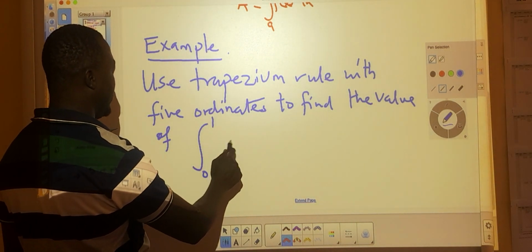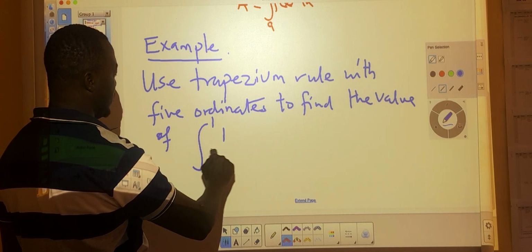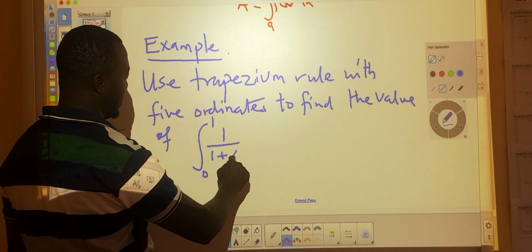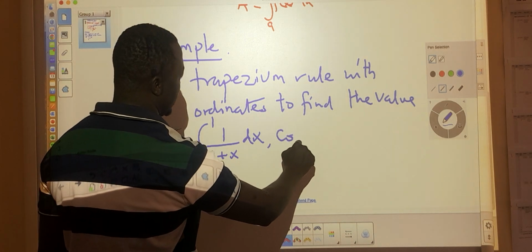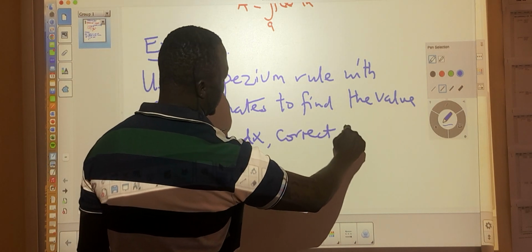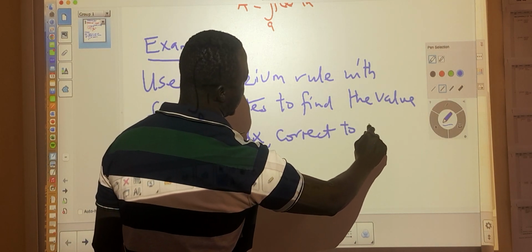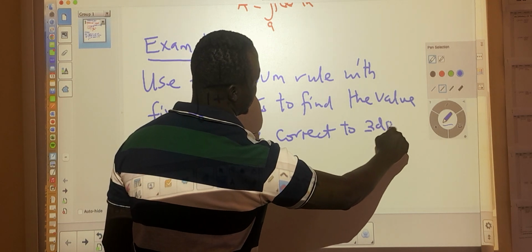So our function can be 1 over 1 plus x dx. Correct your answer to, let's say, 3 decimal places.